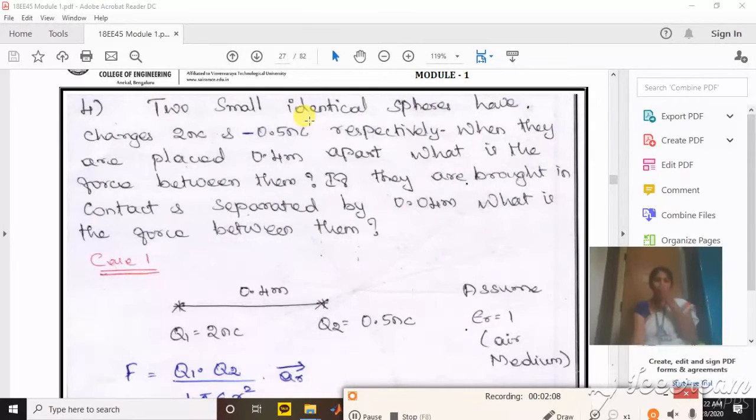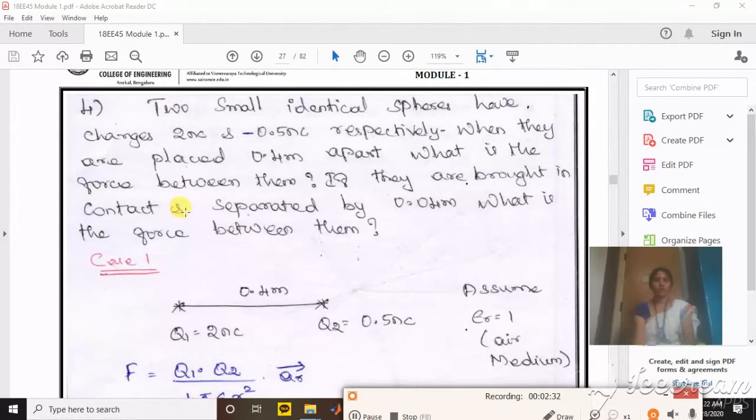Now coming back to the next problem. Two small identical spheres have charges 2 nanocoulomb and minus 0.5 nanocoulomb respectively. When they are placed 0.4 meter apart, what is the force between them? So we have two charges, 2 nanocoulomb and minus 0.5 nanocoulomb. When they are separated by a distance of 0.4 meter, what is the force exerted between them?